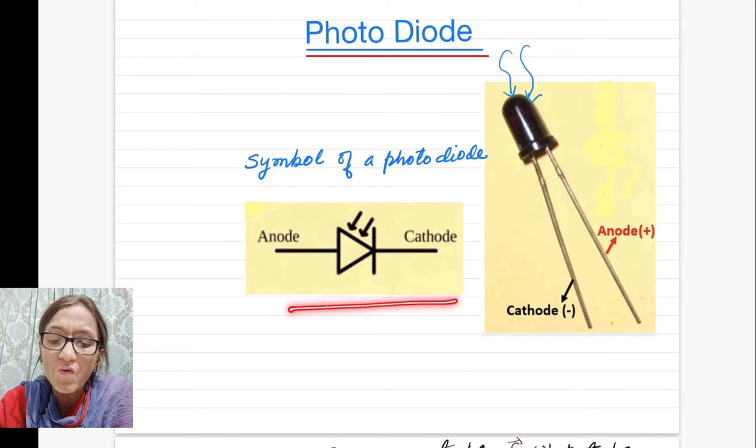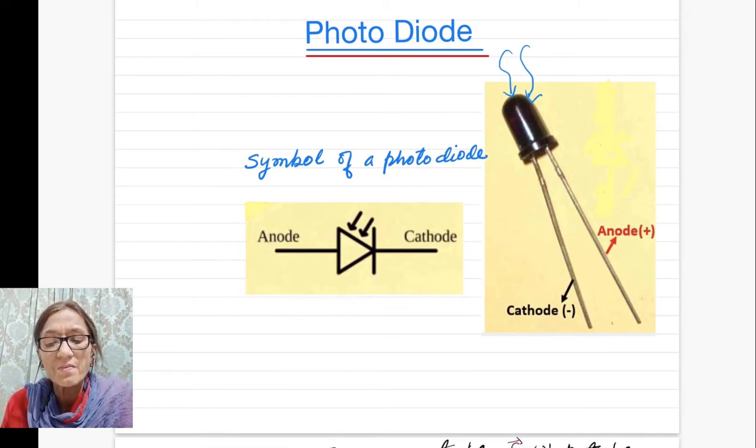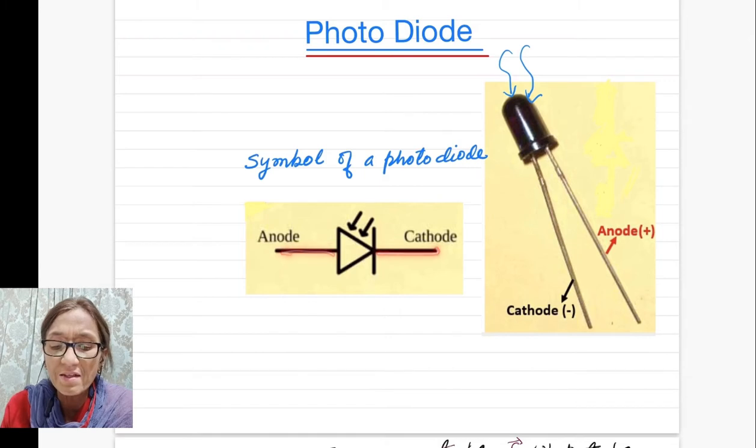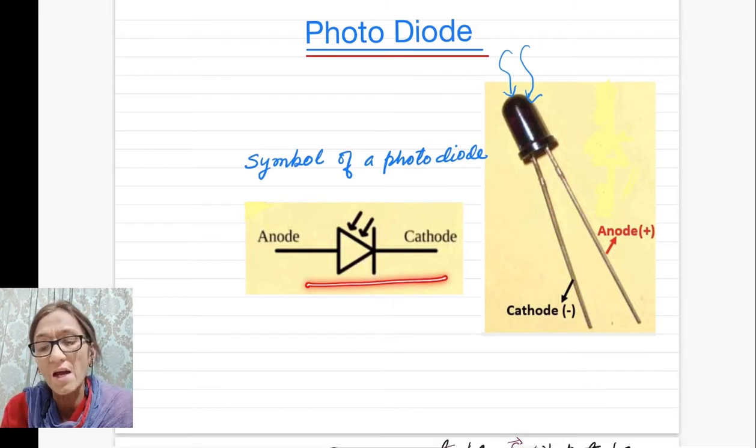The symbol of a photodiode is here. A simple diode is a triangle with one vertical line, and when you mark two arrows falling towards the simple diode, then this is your photodiode.